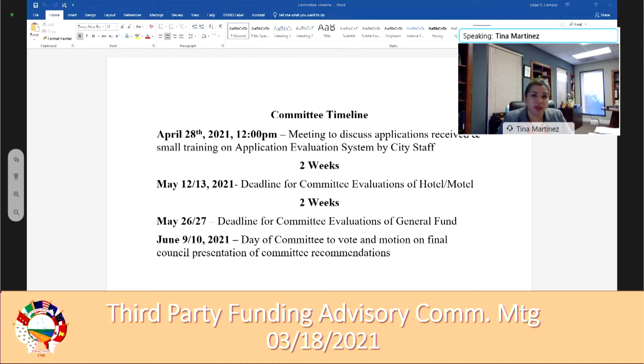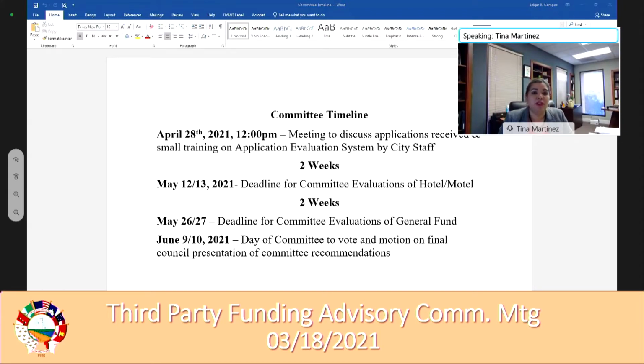So I'm giving staff about a week and a few days to review the applications for completeness, so that at the first meeting they bring you a list of all the applicants. Then you can see whether you have any conflicts, and at that time fill out all the non-disclosure, recusal, and conflict of interest forms that you would have to submit.